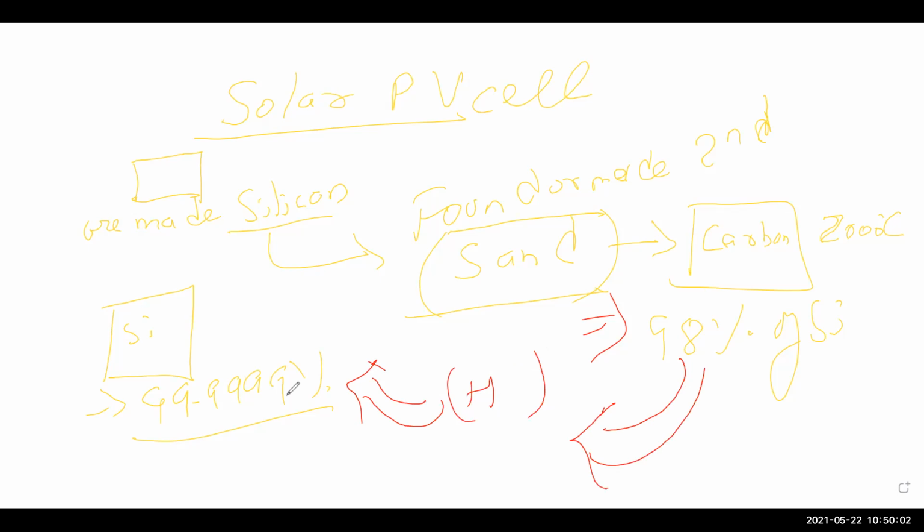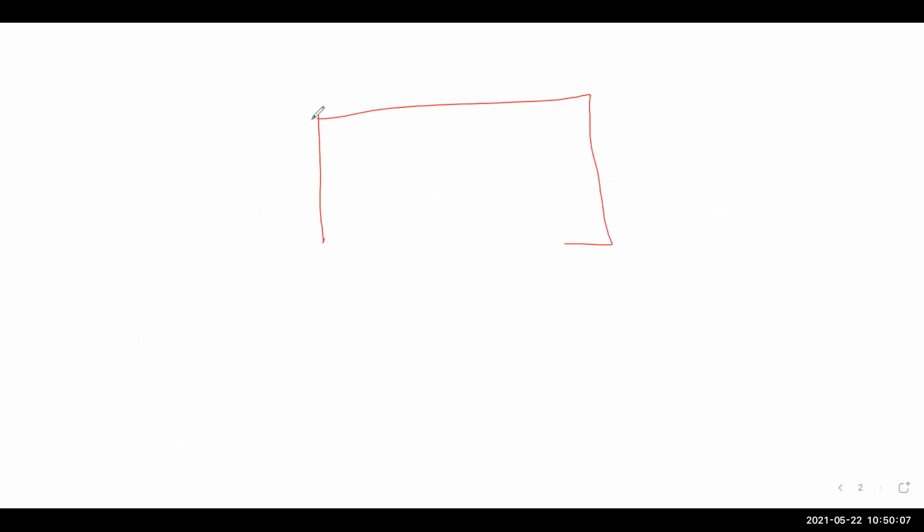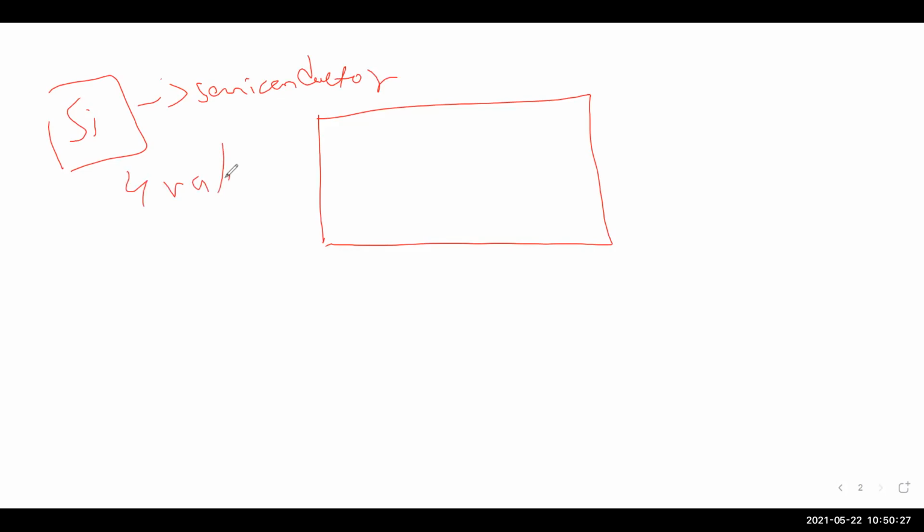Now this silicon, we know, is a semiconductor, as it has four valency, means four bonds in its outer orbit.